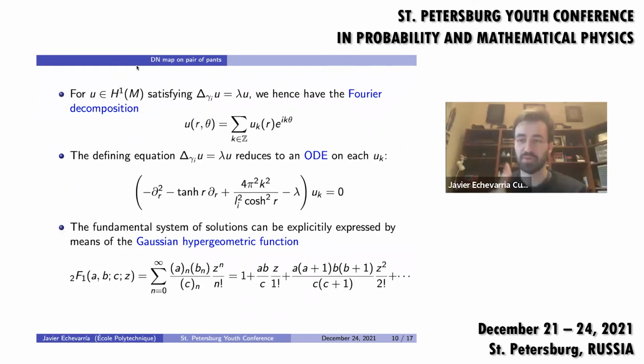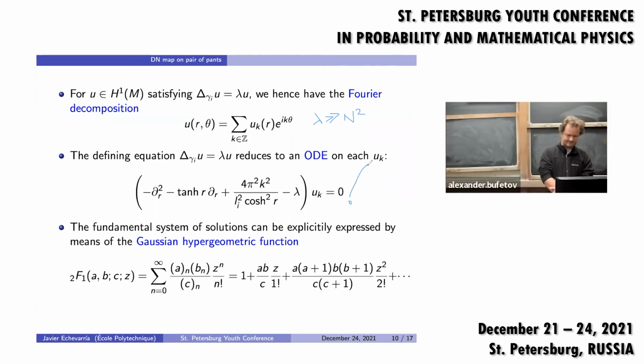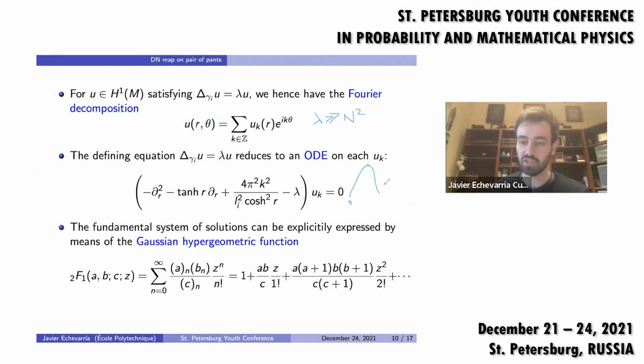If you don't mind, one comment on that. What happens with these hypergeometric functions in the regime of high lambda, when lambda is bigger than n squared, where n squared is the number of modes I have? This radial function is exponentially growing at the beginning, if this is 0, and then the oscillations kick in.